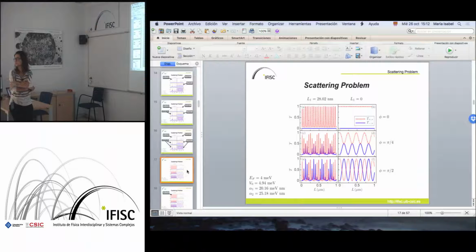Because here I see L1 equal to 0, I see one red curve is 1 and blue is 0. But this is because the incoming spins are polarized in the calculation.